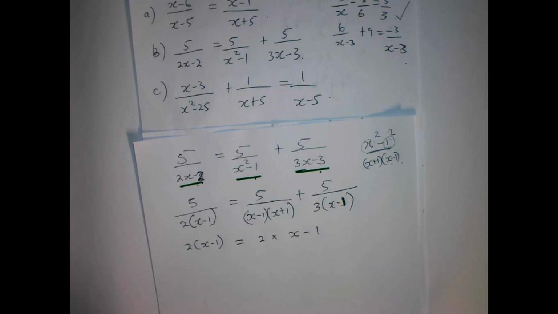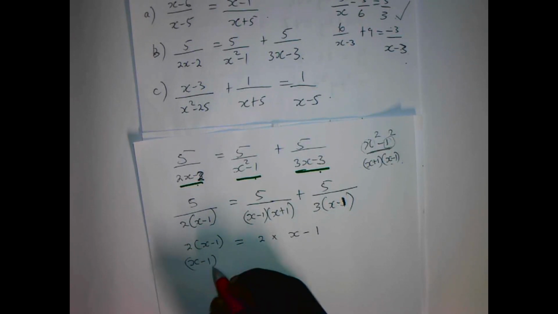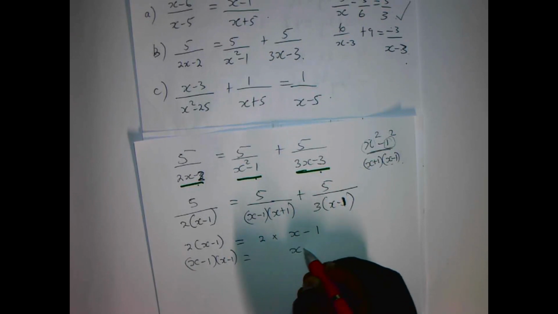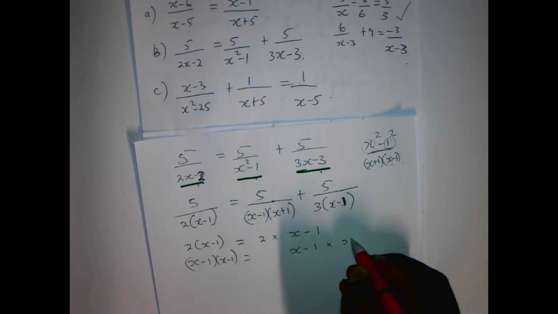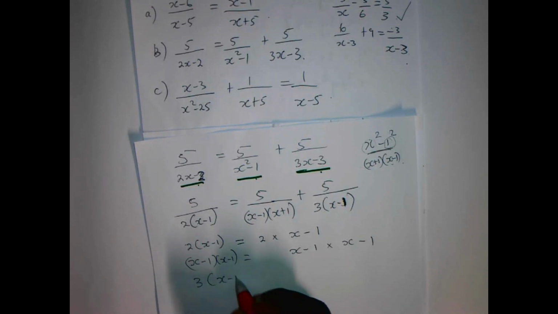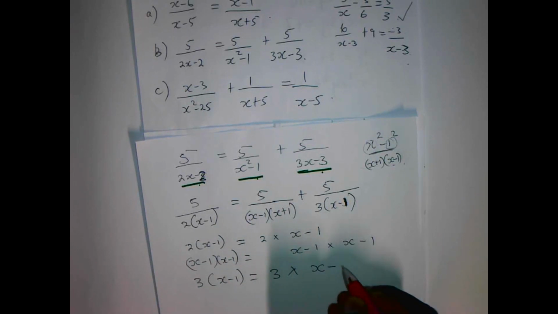That is what it means. Then x squared minus 1 is equal to x minus 1 multiplied by x plus 1. I'm just demonstrating this so that you see where I'm getting this. 3x minus 3 is equal to 3 times x minus 1.